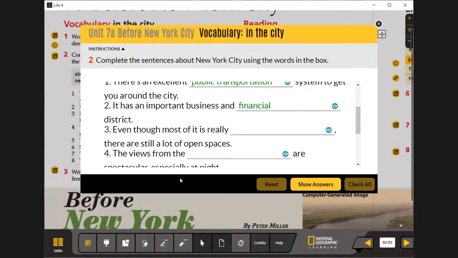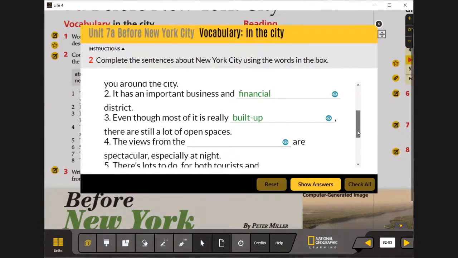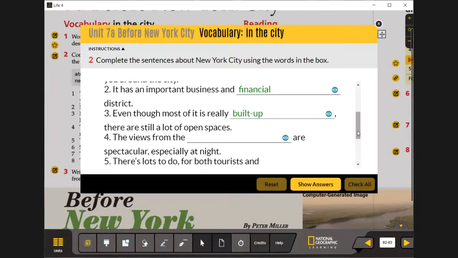Okay. There are still a lot of open spaces. Okay. Well, four. Anybody? The other, not Robert, Roberto. You know the other Roberto. Are you there, dear? Yes, teacher. Okay. Thank you.